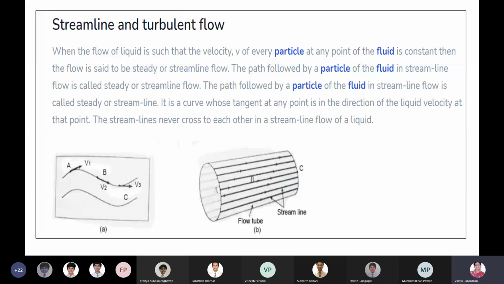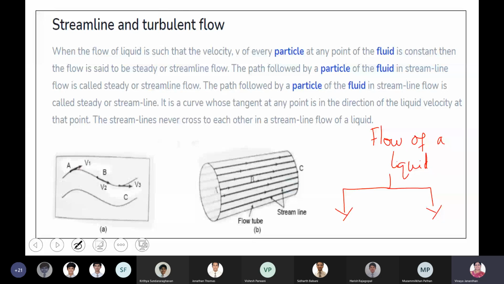Just copy this: flow of a liquid, streamline and turbulent. Ma'am, should we write the whole thing? No, this I will put in the PowerPoint presentation. Just only this much, write in the notebook. I will explain to you: flow of a liquid, streamline and turbulent.